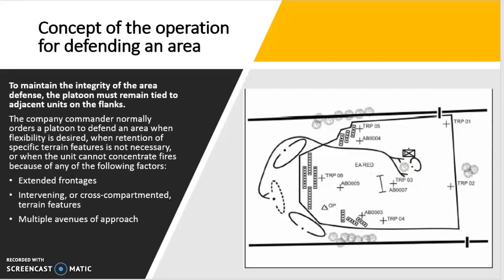So why would you use this? Well, maybe a commander would say, hey, we need to defend this area, but not necessarily a specific part of this terrain. So let's set up so that all your units are linked in somehow, either visually, or via communication, or by virtue of their range fans or engagement areas, they're able to be tied in.